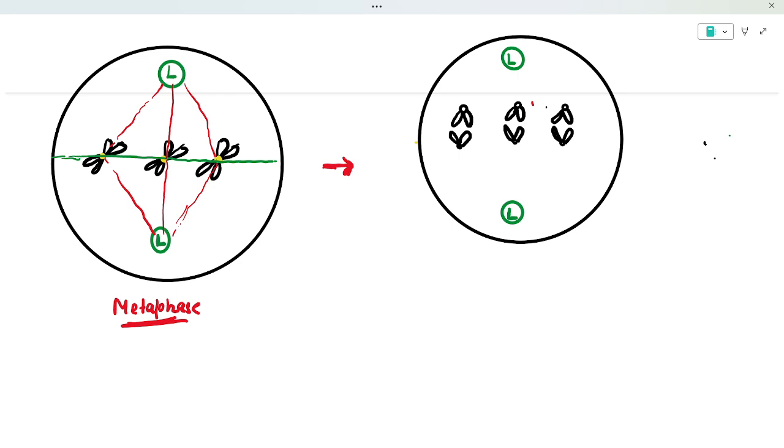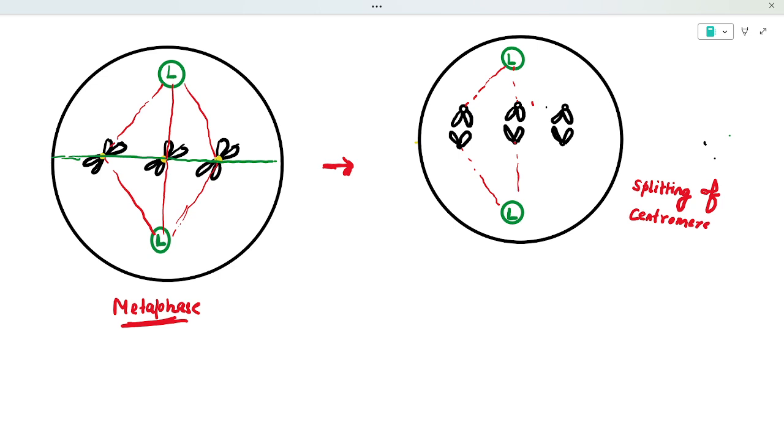Here what's happening is the splitting of the centromere, which is the characteristic feature of anaphase. That is the discontinuous fiber or the kinetochore fiber, which is attached to the kinetochore sites.